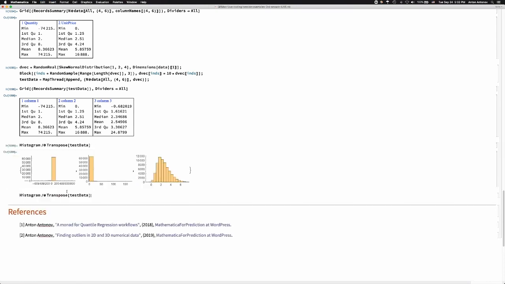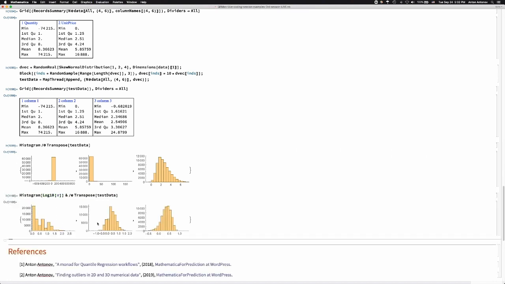Actually, this histogram is not particularly useful, we need to do something else here. So I'm going to find the logarithm of the data. And okay, we can see that there's certain structure here after we find the logarithm.